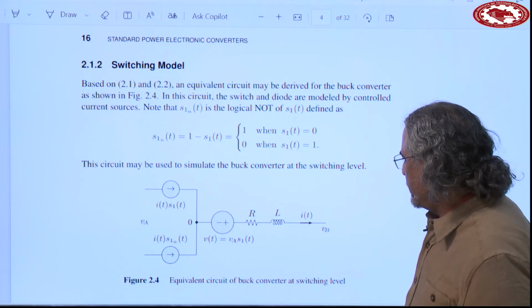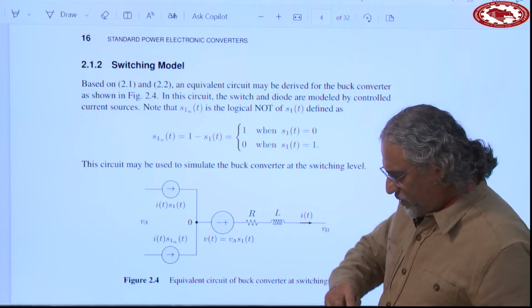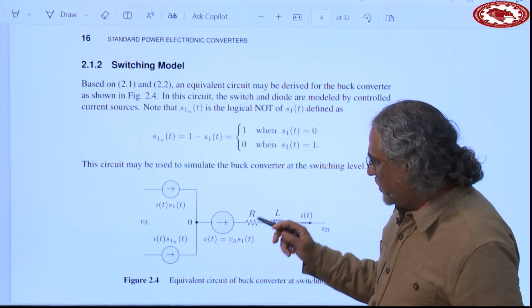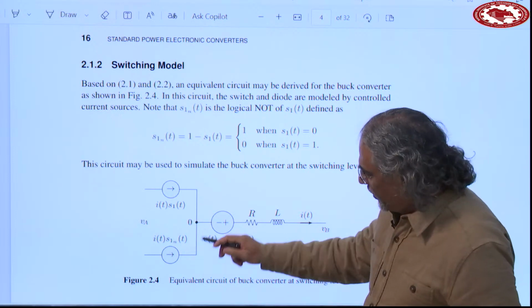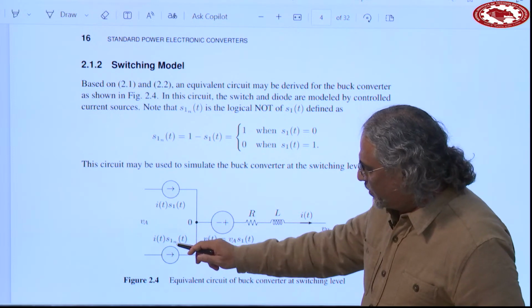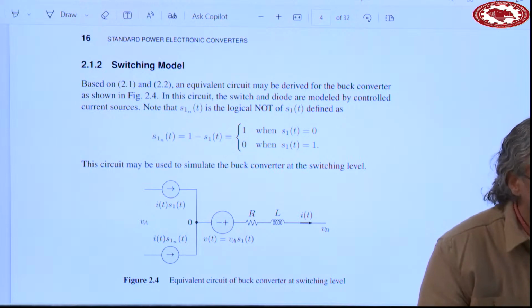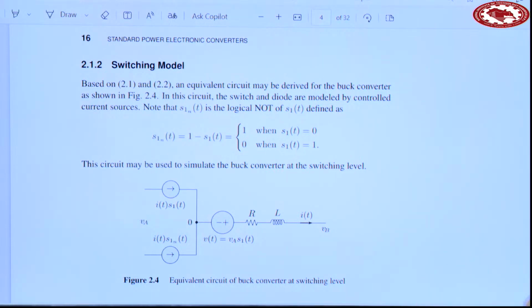And then when the switch is off, the current flows into the diode. So the same current I flows into the diode, and the diode is S1N. So when the switch is off, the diode is on, and vice versa. So this switch and this diode are always opposite of each other.